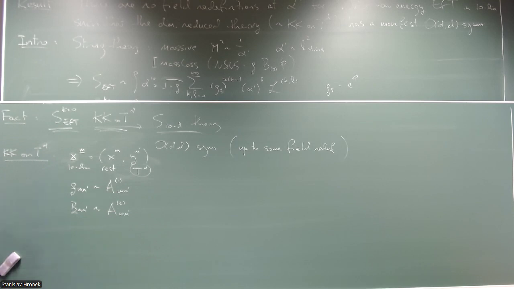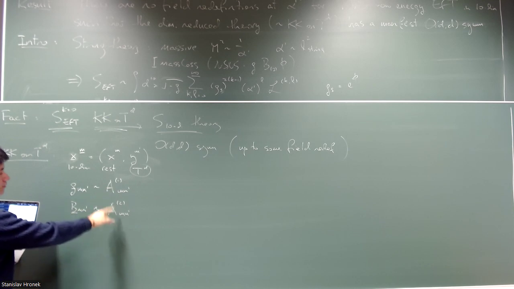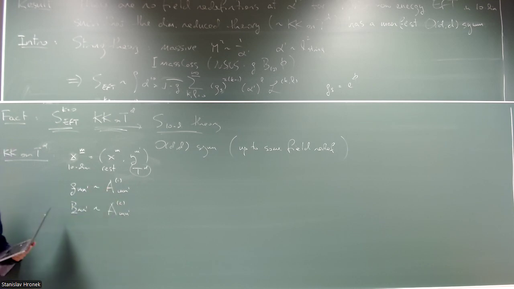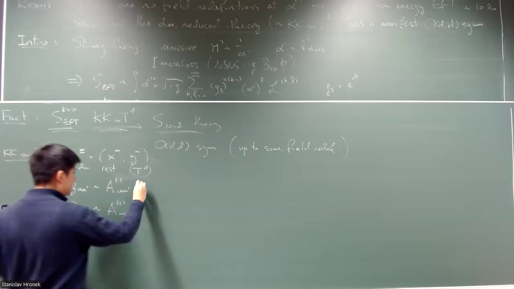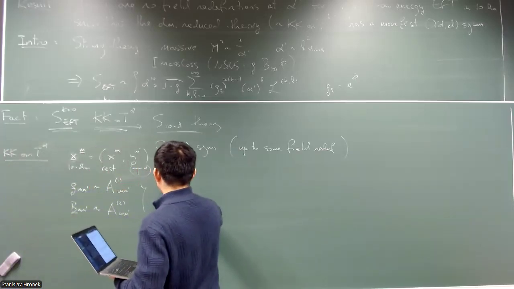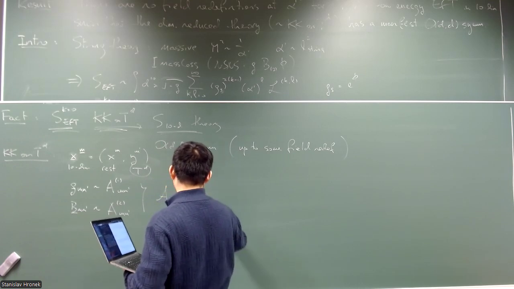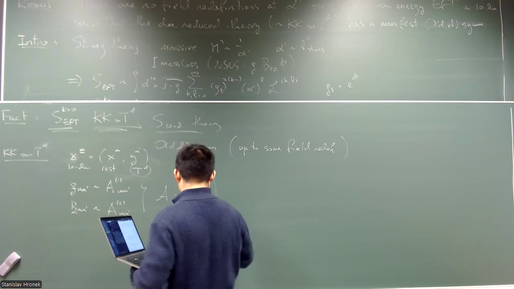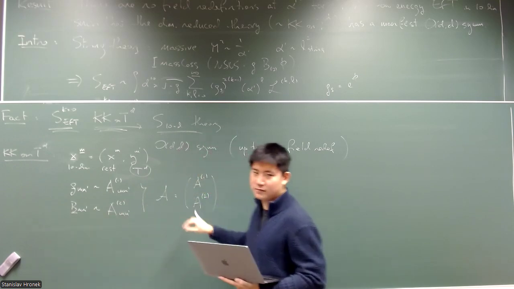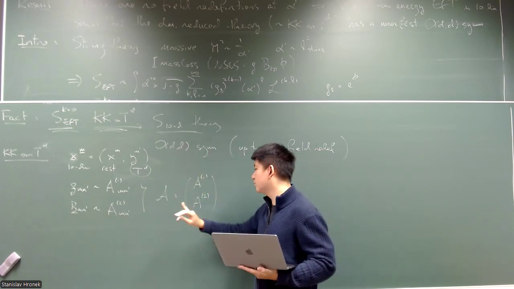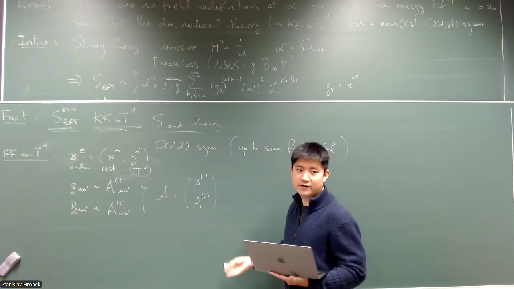So very roughly speaking, for the NSNS field content, if we take one index to be prime, we get some fields. These are basically the KK vectors in the lower dimension. One can combine these two by simply stacking them together, and find that this stuff is only the vector.